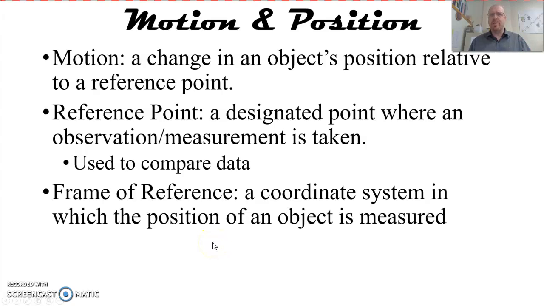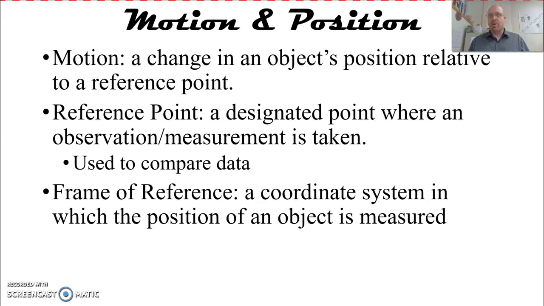What is the word frame of reference? I mentioned that before. A frame of reference is like a coordinate system in which the position of an object is measured. What that means is that a lot of times, say for instance, you have a grid, and you can put things on a grid map, or you graph it on graphing paper, and those lines allow us to use a coordinate system.